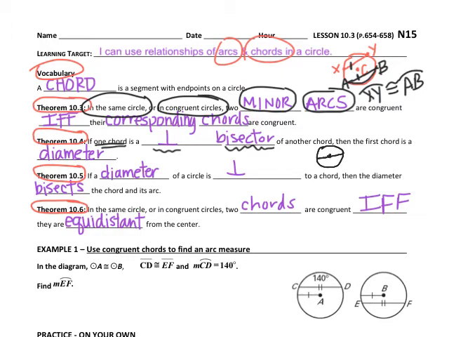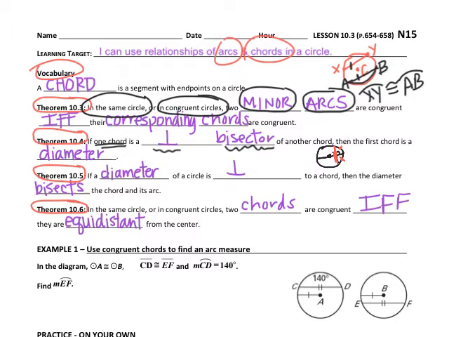It's the longest chord of the circle. If that diameter is perpendicular to a chord, then the diameter is cutting the chord into two congruent parts as well as its arc. Not only is this chord being cut in half, but also this piece of the arc and this piece of the arc are going to be congruent.